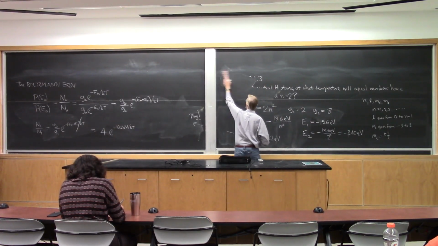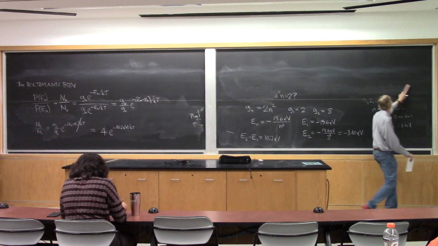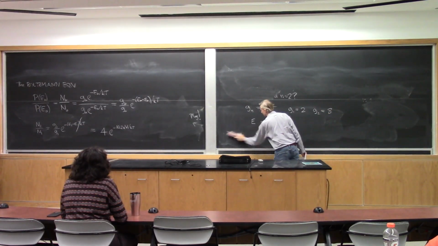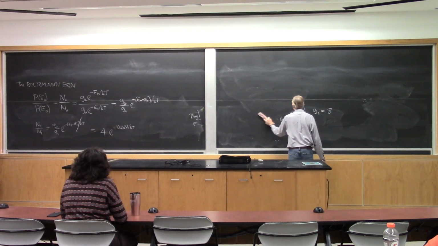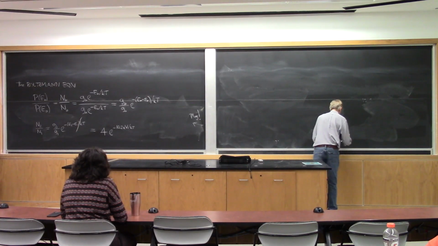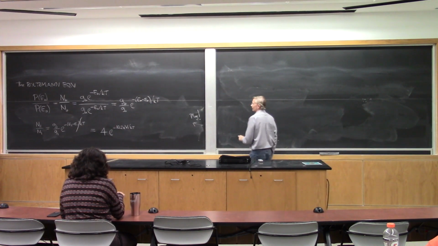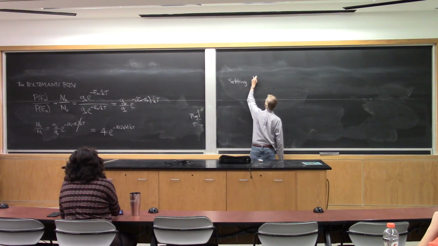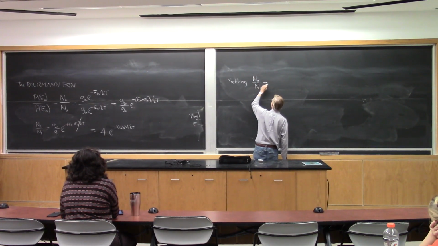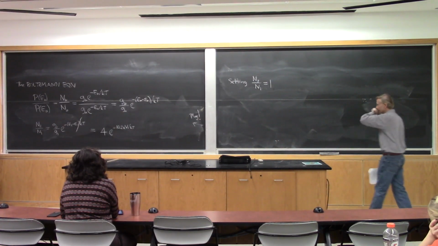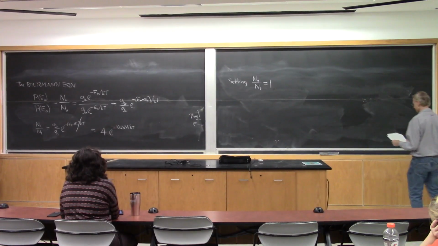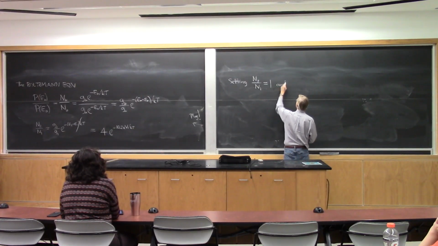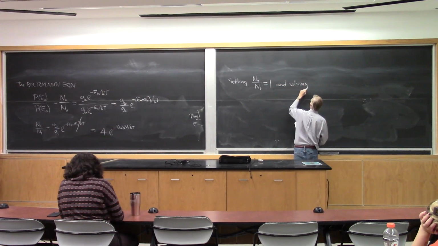Okay, can I erase this stuff over here? We want equal numbers. So that means make N2 divided by N1 be 1, so that there's equal numbers in level 2 and level 1, saying N2 over N1 equals 1, and solving for T, that's what we're looking for. What's the magic temperature?